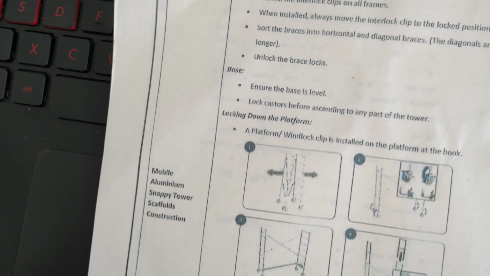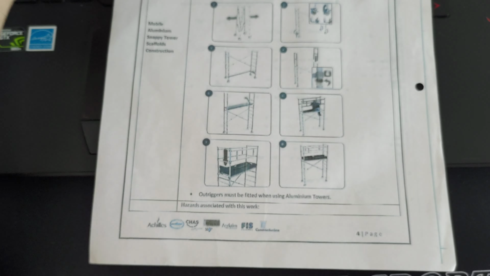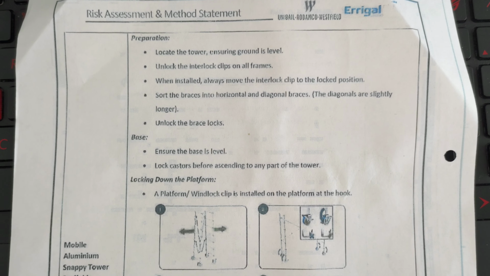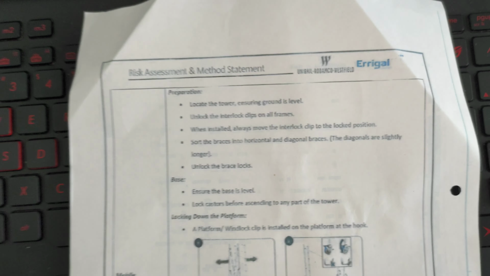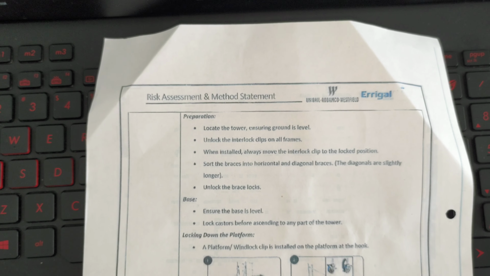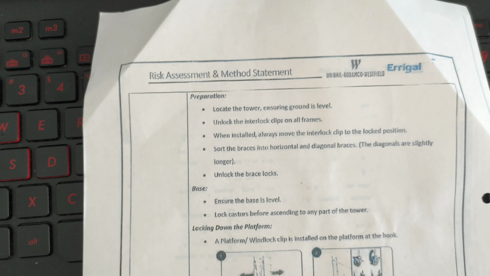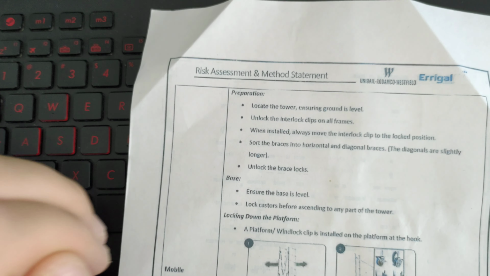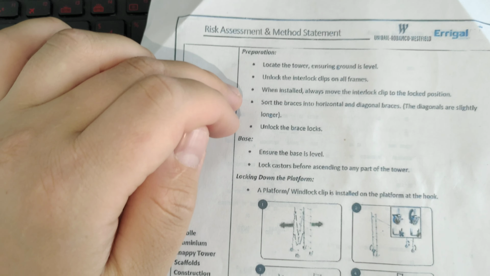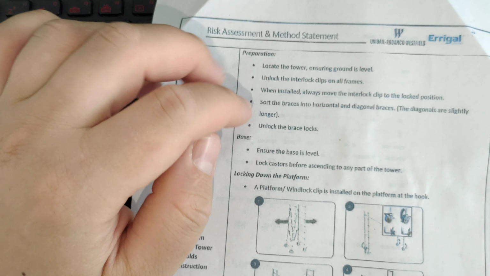Alright, so level 4, page 4, sorry. This point shows the construction of the scaffold tower. I'm going to go through just a few points. Locate the tower, ensuring the ground is level. Yes, the ground must be leveled when placing the tower. Unlock the interlock clips. Unlock the brace locks.